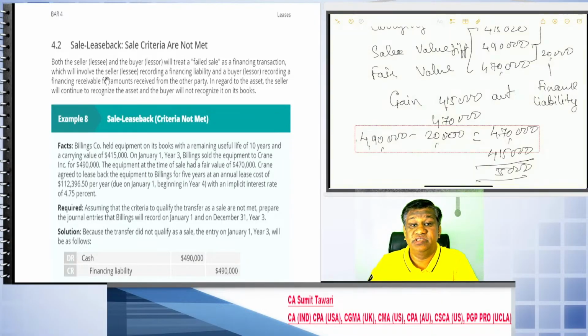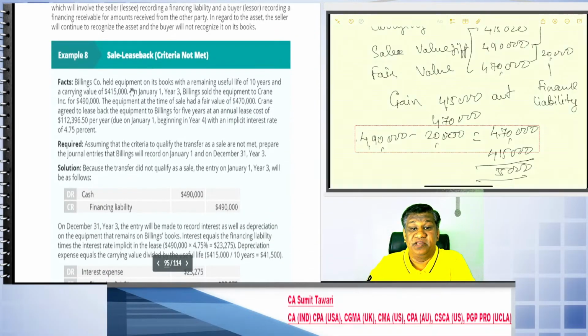Okay, so both the seller lessee and the buyer lessor will treat it as a failed sale, a financing transaction, which will involve the seller lessee recording the financial liability and the buyer lessor recording the financing receivable of the amount received from the other party. In regard to the asset, the seller will continue to recognize the asset and the buyer will not recognize the asset in the books. If the sale criteria are not met, then we need to consider this as a financing transaction.